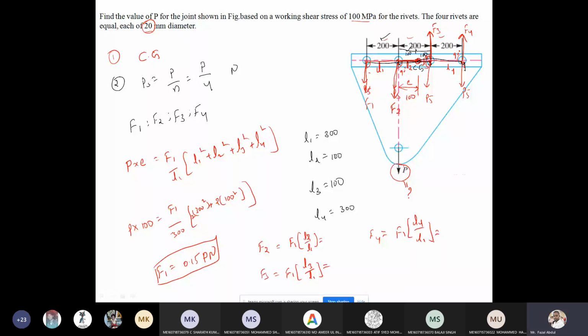Tell me F2, F3, F4 in terms of P. This type of problem we can expect as a long answer question, and these problems are very important. Do it fast. What is F2, F3, F4?